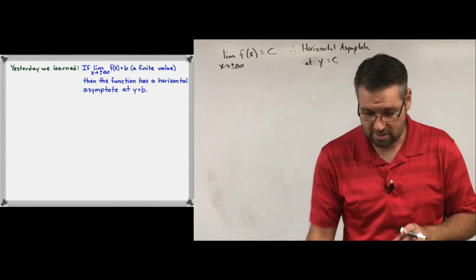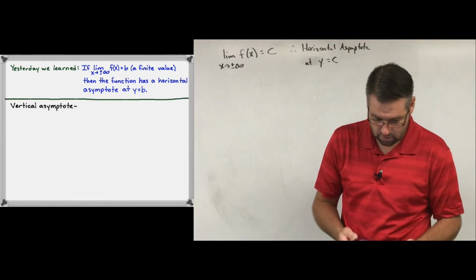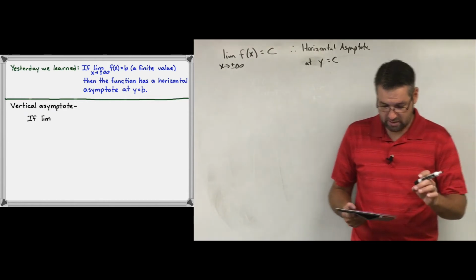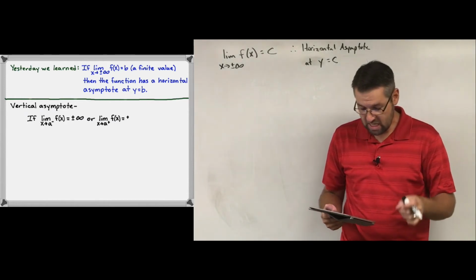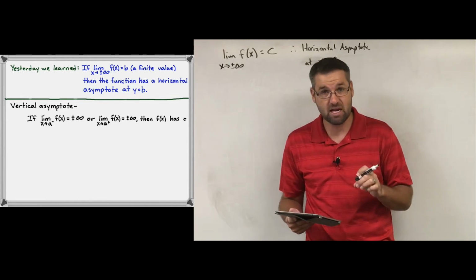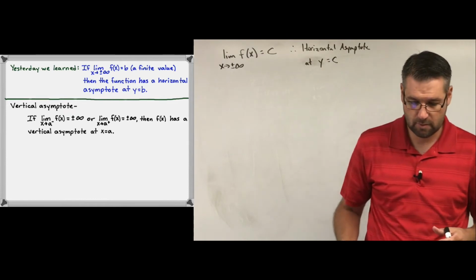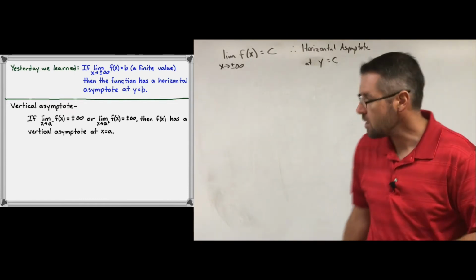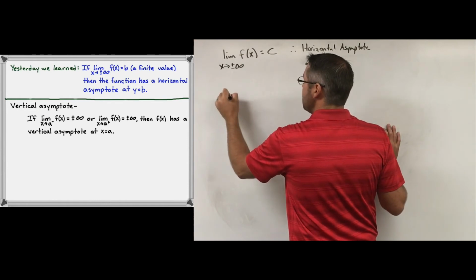A vertical asymptote, let me go ahead and write this down. Vertical asymptote is this. If the limit as x approaches a constant number gives you plus or minus infinity, then we have a vertical asymptote, okay? So basically, let me summarize it in a nice clean way.